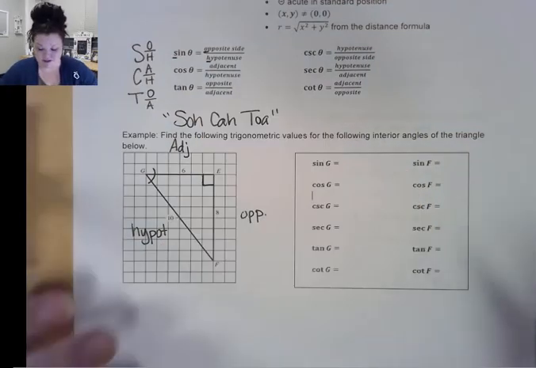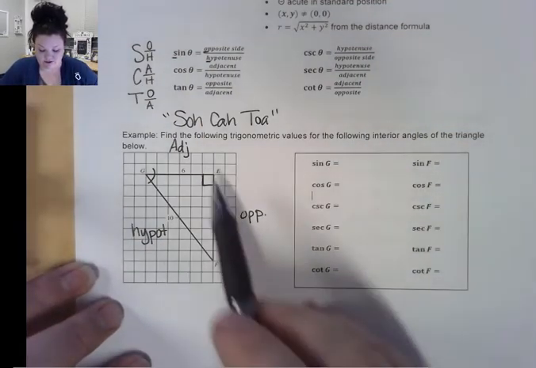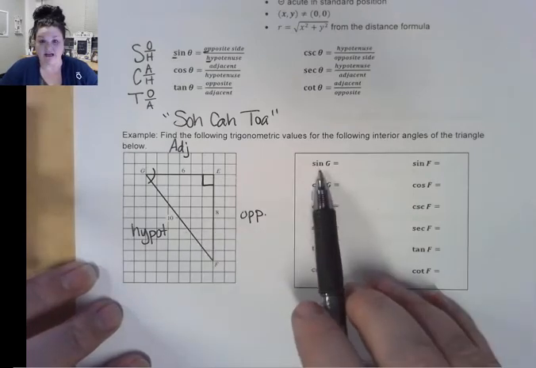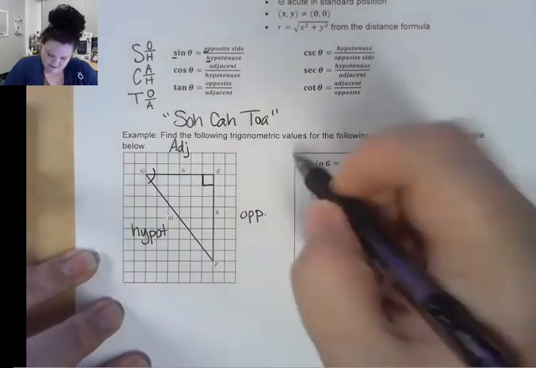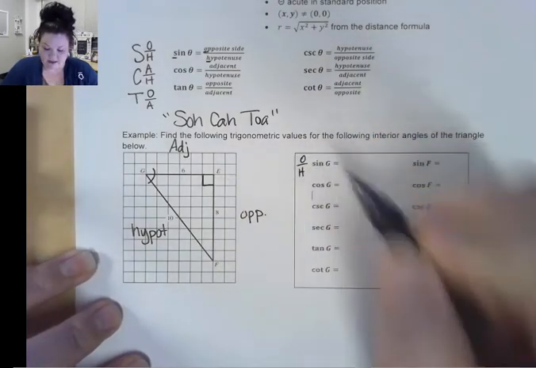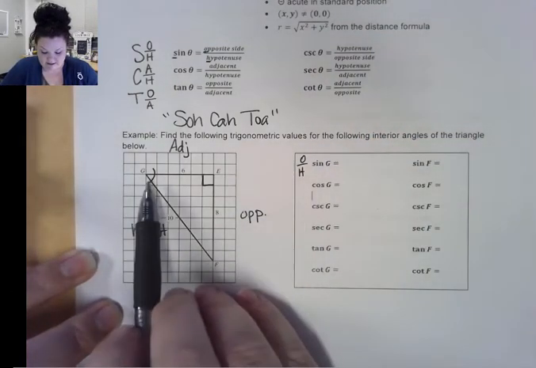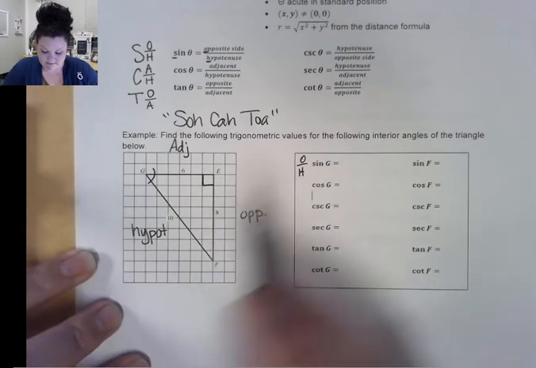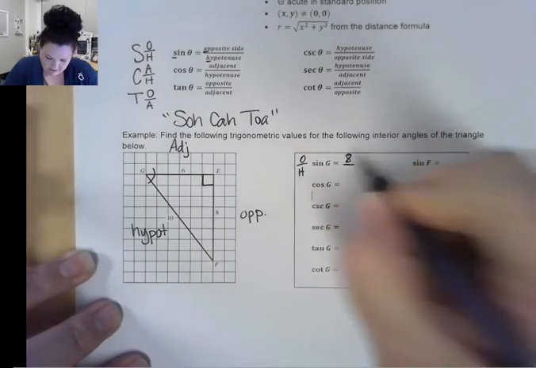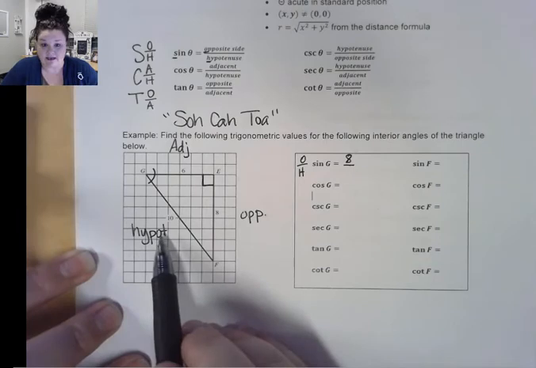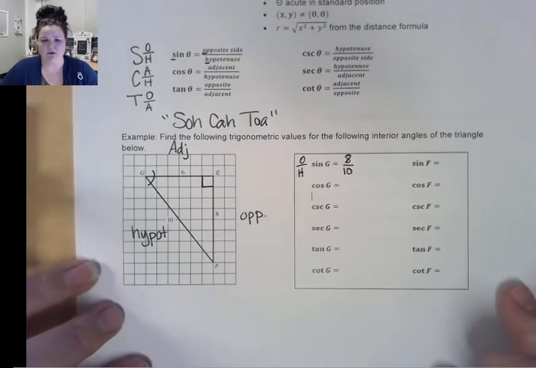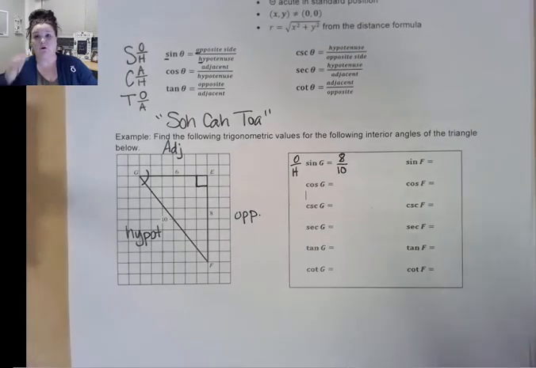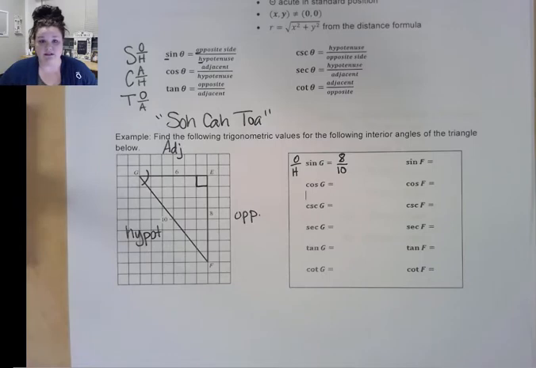Let's start labeling these in terms of our sides. If I want sine of G, remember sine is SOH in our SOHCAHTOA, so that's opposite over hypotenuse. The side opposite G is 8, over my hypotenuse, which here is 10. And then we do want to reduce. In my math lab, we always want to make sure our fractions are reduced, or if we end up with a radical, that we rationalize the denominator.